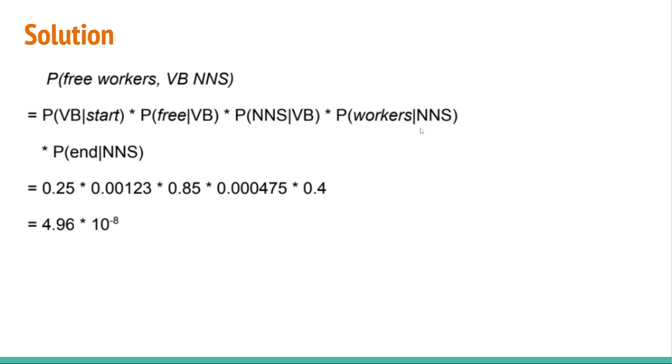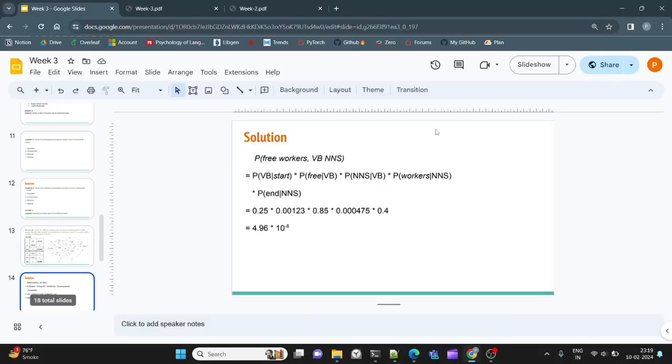Once we are at the NNS state, we need to ask what is the probability that the NNS state will emit the word workers. That is the probability of workers given NNS. And finally, once we are at the NNS state, we make the final transition from the NNS state to the N state.